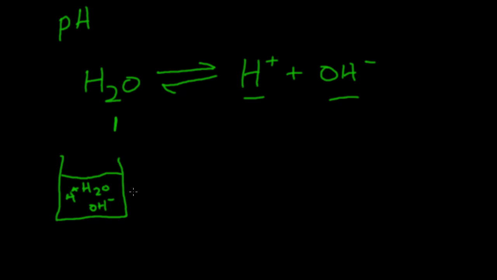Now, the thing is though that because this reaction is so far to the left, we don't get very much of this going on. In fact, we only get 1 times 10 to the negative 7 moles per litre of H plus, and of course it's the same number of OH minus, it's just come from H2O. So that's the concentration we get.